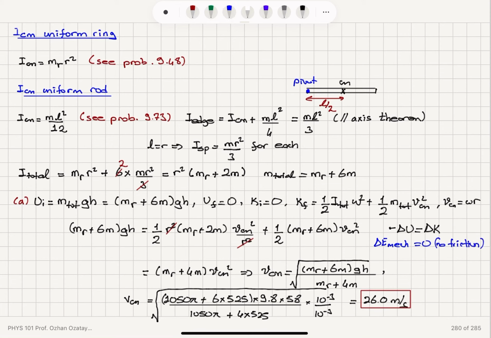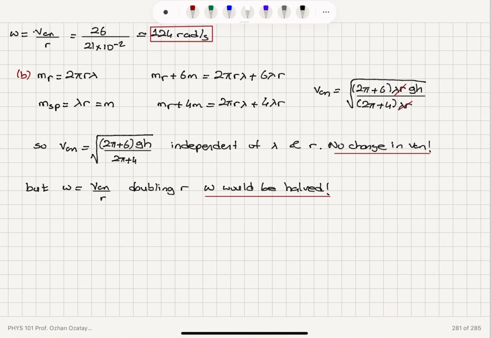Because of that, we have only conservative forces, and writing the energy conservation, we obtain the final speed of the center of mass as the square root of (mr plus 6m) gh divided by (mr plus 4m). When we substitute the numbers here, because we have a ratio of 2 masses, it doesn't matter if we keep them in grams or kilograms, but anyway, we obtain our final answer of 26 meters per second, and then just dividing this by the radius, we obtain the angular speed.